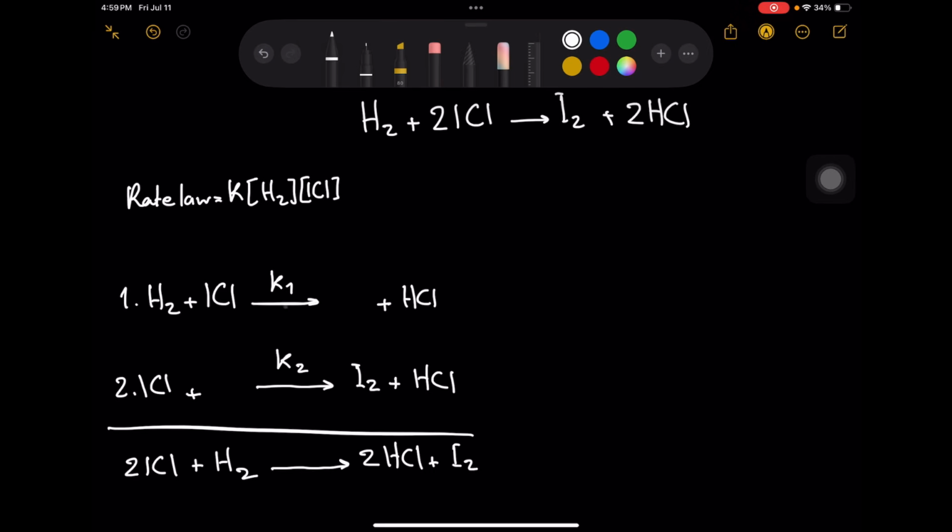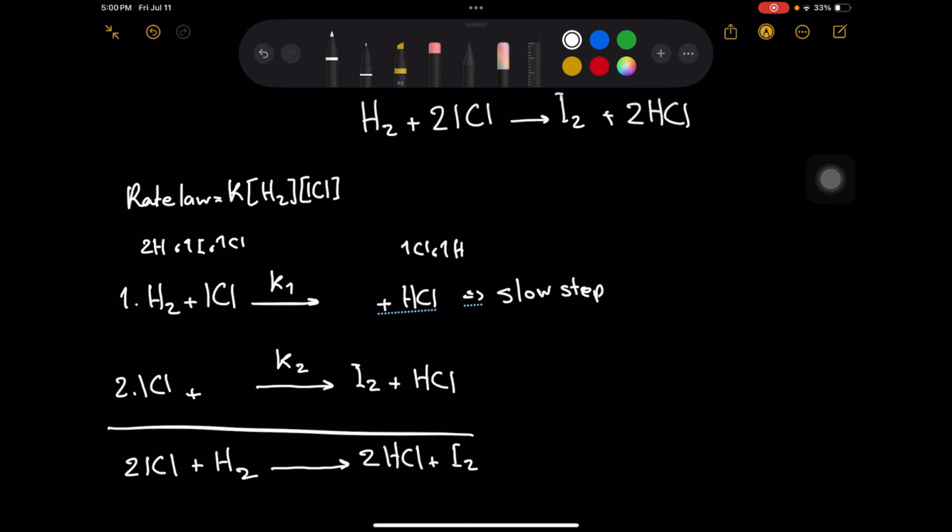So we can just use this first one. Again, this is our slow step. So now, let's see. We have H2, so we have 2 H here. We have 1 iodine here, 1 iodine, and we have 1 chlorine here. And we have 1 hydrogen here.